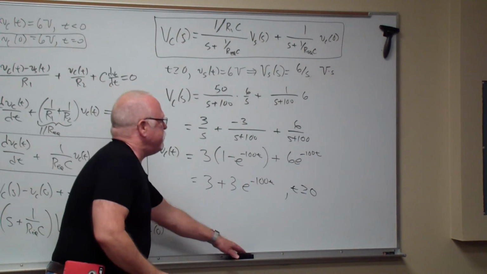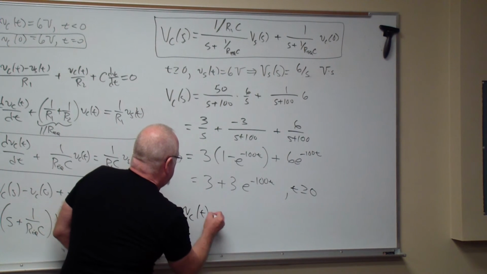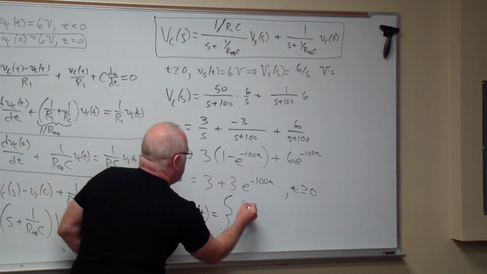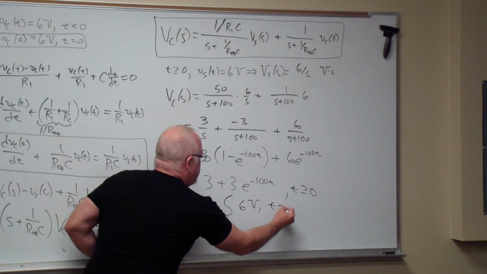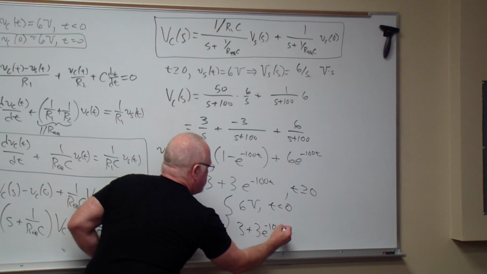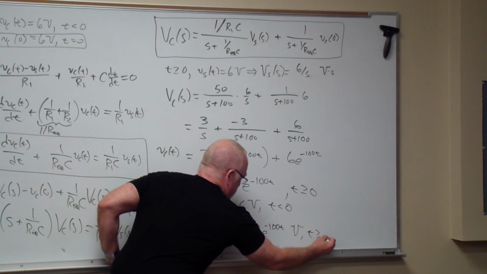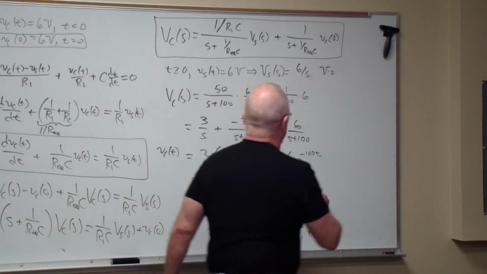The problem asks you to write the total answer as a case result. So Vc of t equals 6 volts, t less than 0, 3 plus 3 e to the minus 100t volts, t greater than or equal to 0. And it asks you to draw a graph.